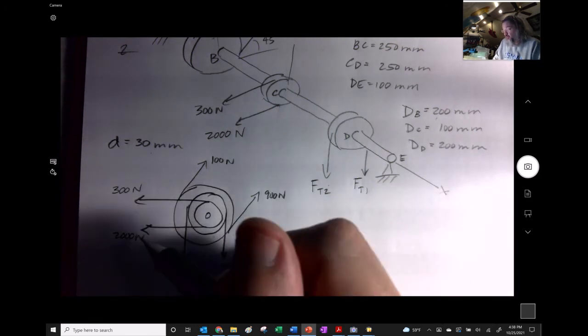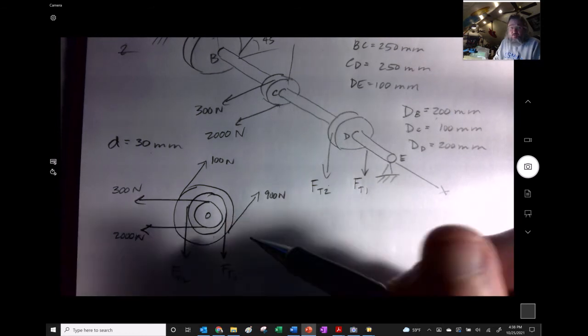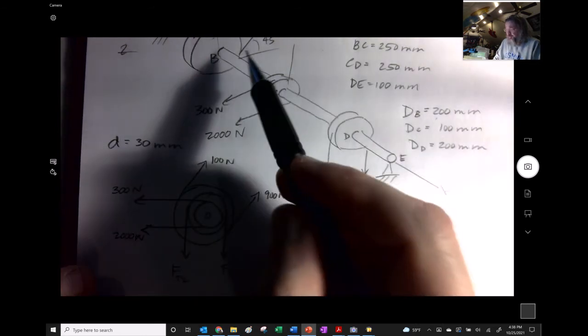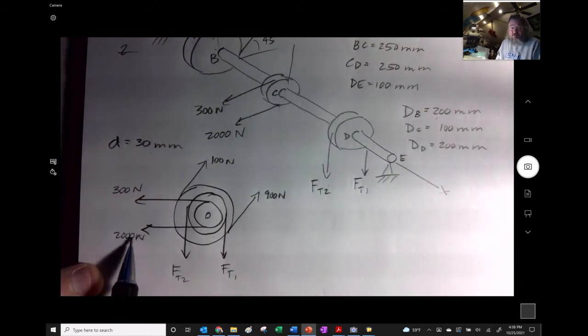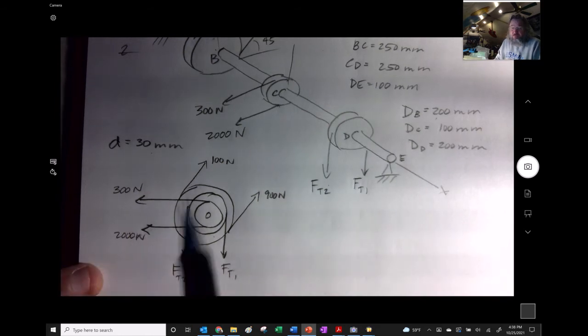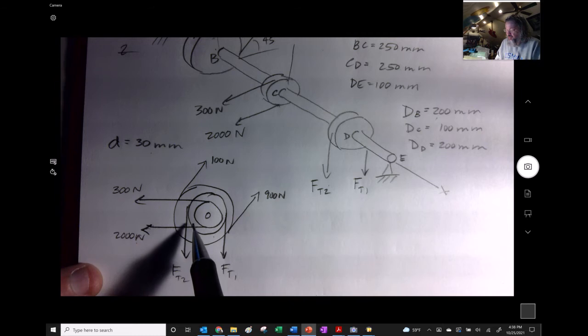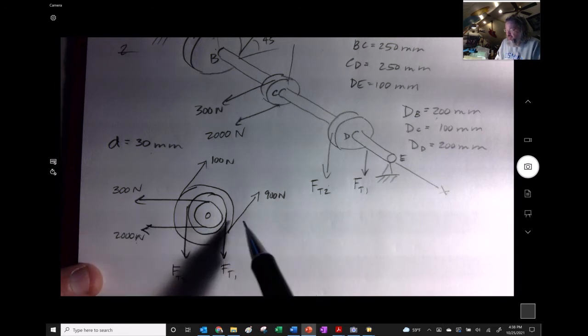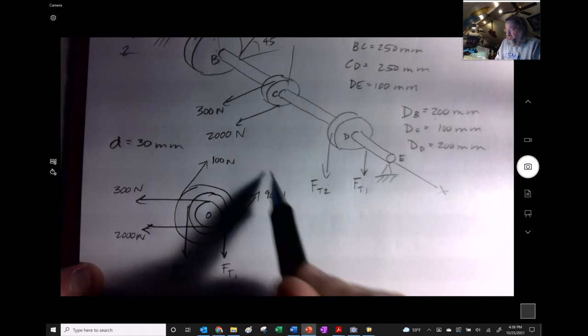We are told that this is where the power is coming in as input, and both B and D are power out, right? So we're going to imagine this guy is the main driver of the thing, and it's causing clockwise rotation. So here's counterclockwise rotation, right? So it takes out some of it.